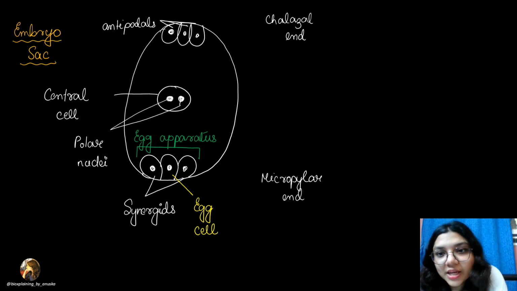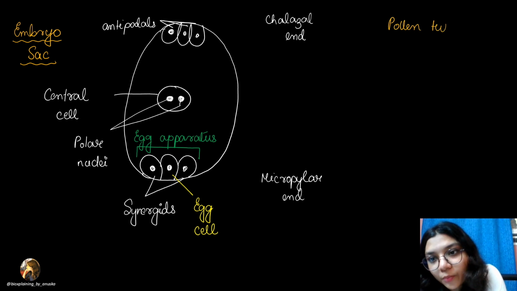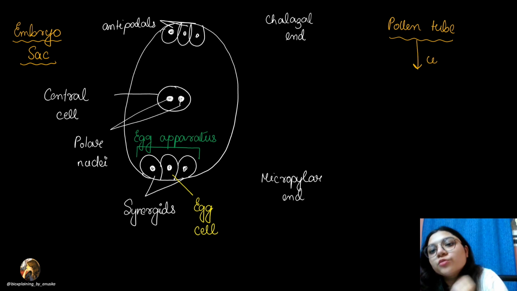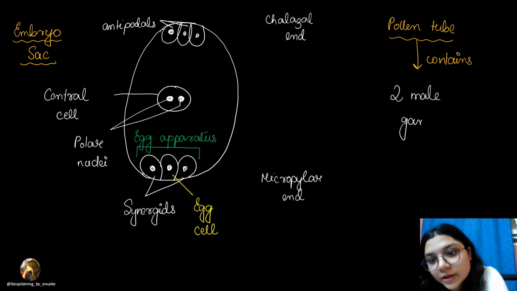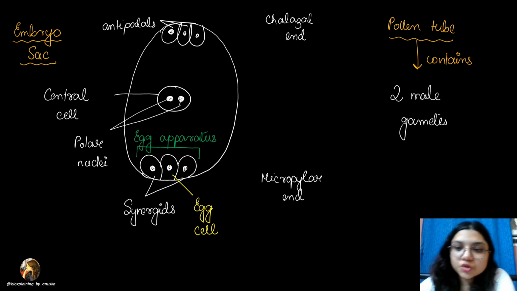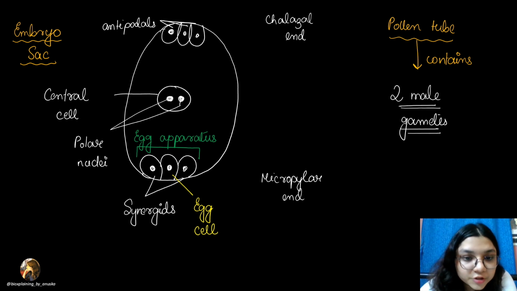Now when the pollen tube enters, what does it contain? The pollen tube contains two male gametes. The pollen tube will be entering via the synergids.